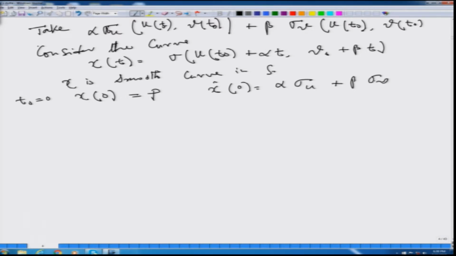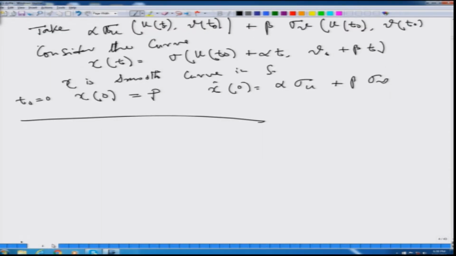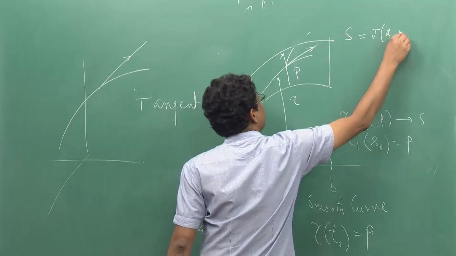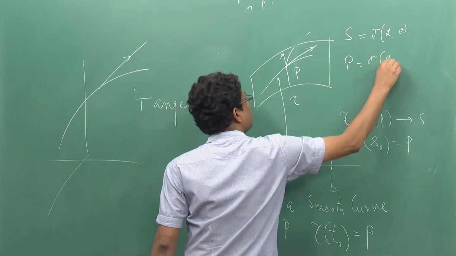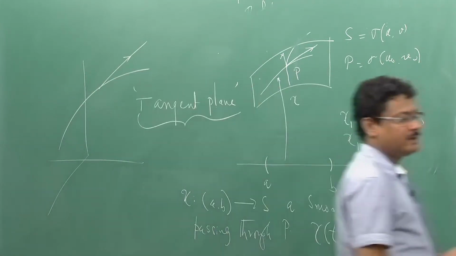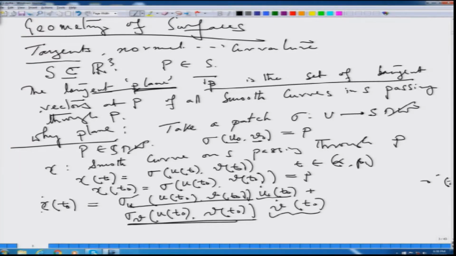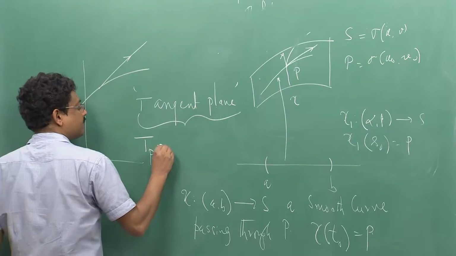So, what it says is that whatever curve I take, along with the previous page, suppose this surface patch S is sigma(u, v) and my P is sigma(u naught, v naught), then this set of all tangents, what we have defined as the tangent plane, the set of all tangent vectors at P for all smooth curves in S passing through P, that is in this space.